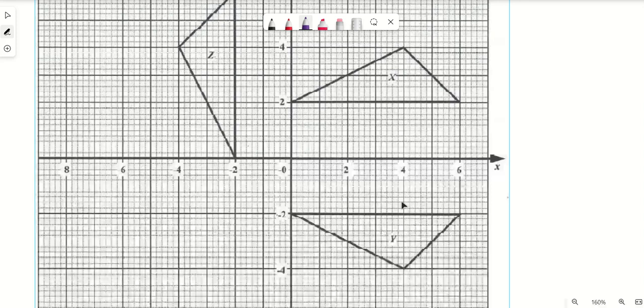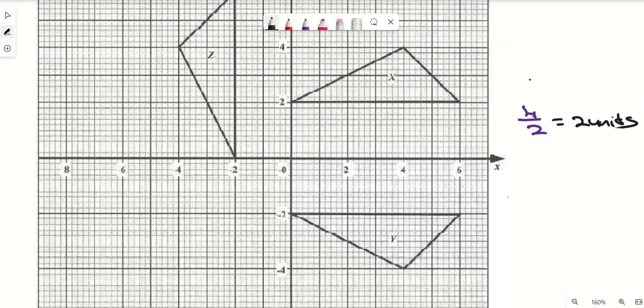To find the location of my mirror line, I have to divide 4 units. So I'm dividing 4 by 2, which is equal to 2 units. So my object is 2 units away from my mirror line. So it will be 1, 2.